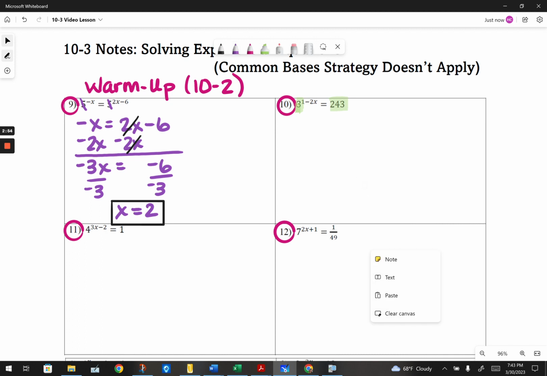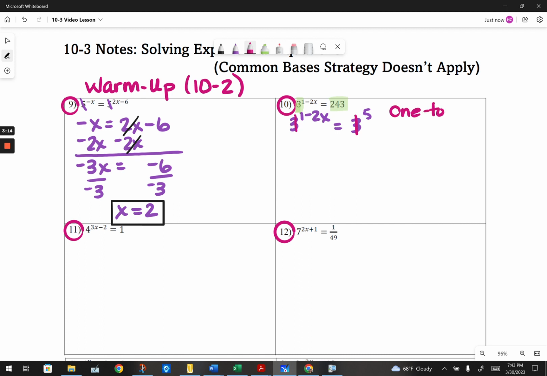Since this side has a 3 already, I'm just going to keep 3 to the 1 minus 2x intact, but I'm going to force 243 to be rewritten in exponential form as 3 to the 5th power. And in doing so, I am able to again apply the one-to-one property.